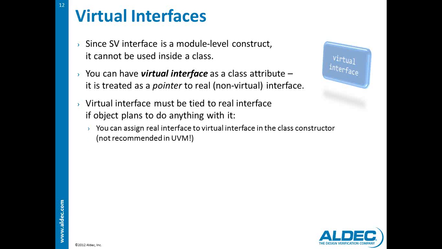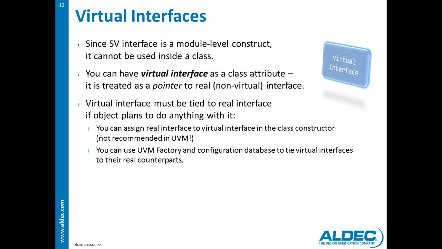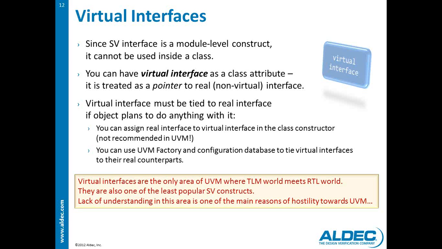Of course, you can do that kind of connection in the constructor, in the new function that every single class must have. But it's okay when you deal with just plain classes in SystemVerilog. If you are dealing with UVM, you are not supposed to do it this way, because you've got something called UVM Factory and configuration database, which are responsible for tying virtual and real interfaces together.